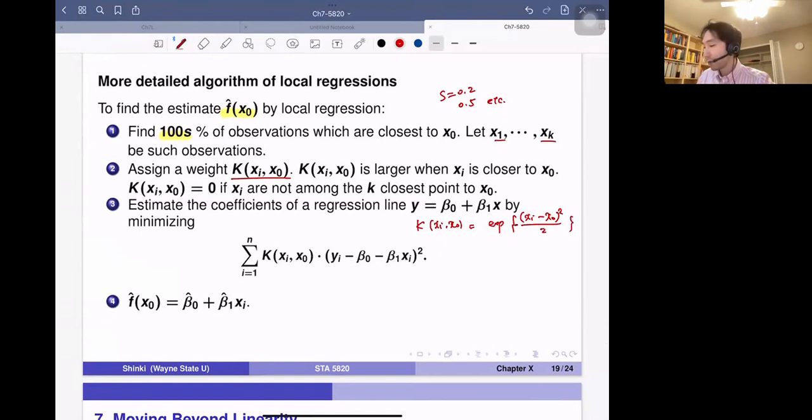If xi is closer to x naught, the value is larger; if xi is distant from x naught, the value of K is smaller. This basically depends on the distance between xi and x naught.